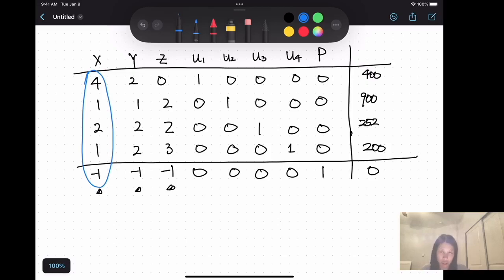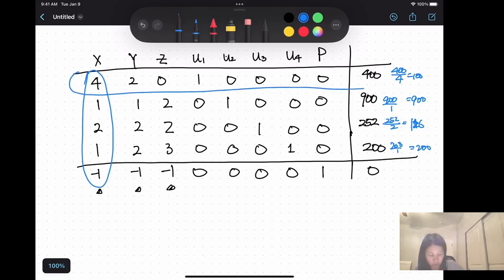Now I need to use the ratio to find our pivot row. 140 divided by 4 equals 35, 900 divided by 1 is 900, 252 divided by 2 is 126, and 200 divided by 1 is 200. So our pivot row should be the first one.